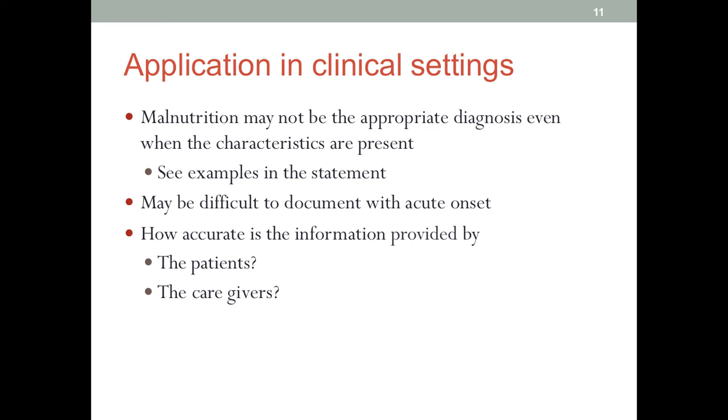In other cases, we need to look critically at the information provided by both patients and caregivers. We know that there's a psychology where people want to please medical professionals, so they may tell us what they think the dietitian wants to hear. Caregivers for the chronically ill or elderly may provide modified information, and this is because they don't want to be perceived as not doing their job well or starving the patient.